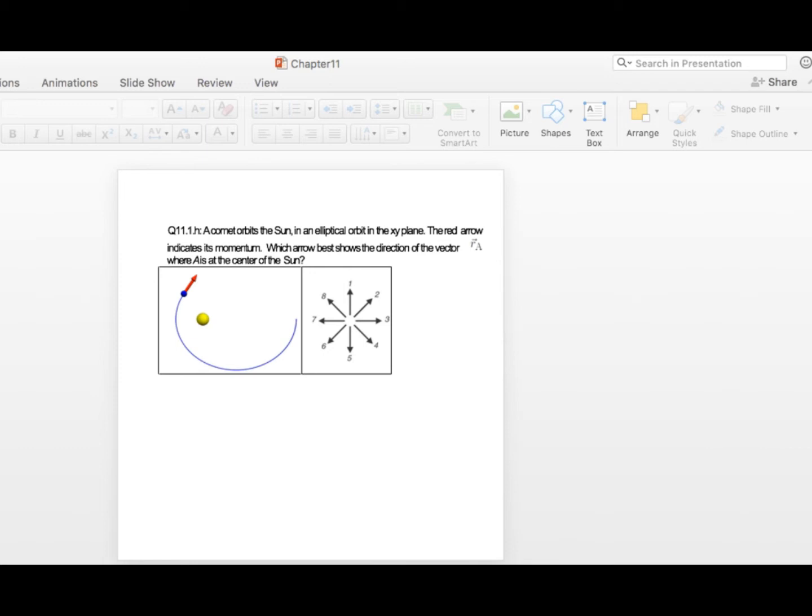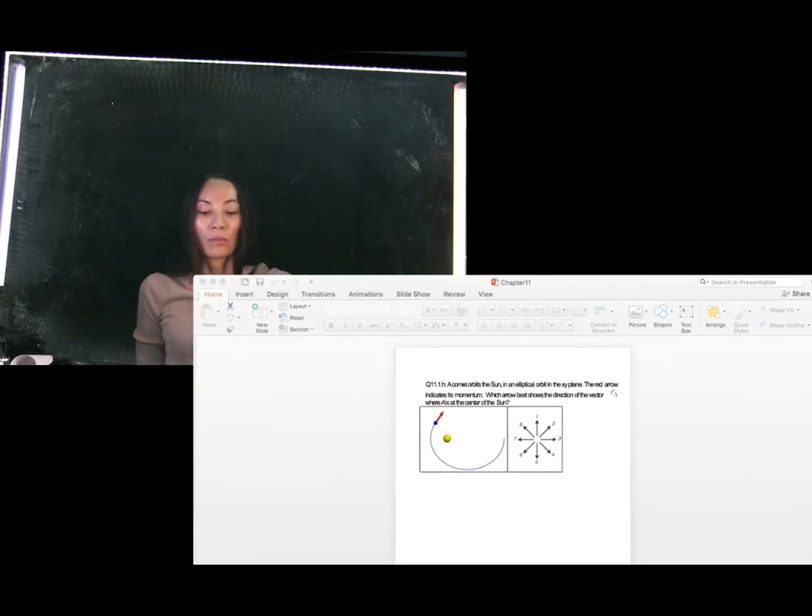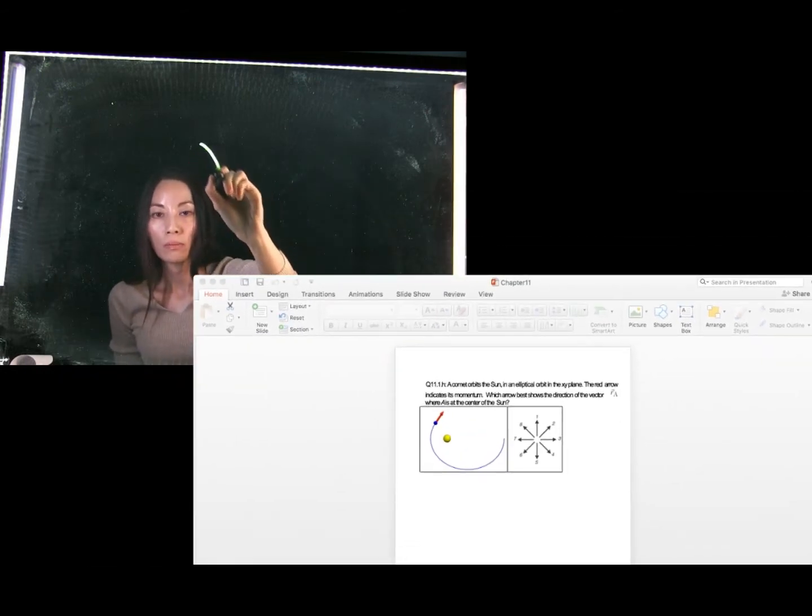Which arrow shows the direction of the vector r, where A is at the center of the sun? So the sun is the origin. So what is the direction of r? From here, we find that this is a comet.